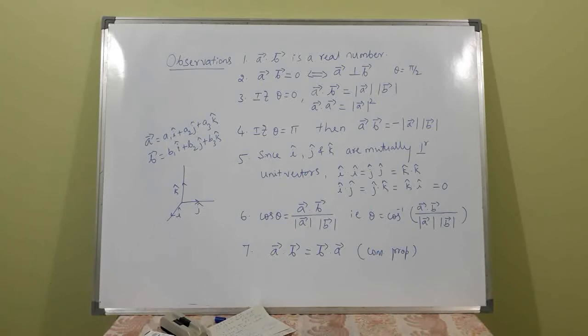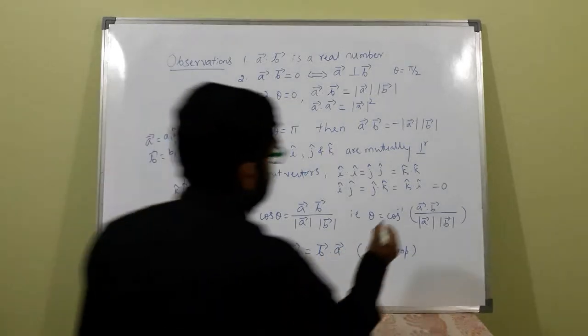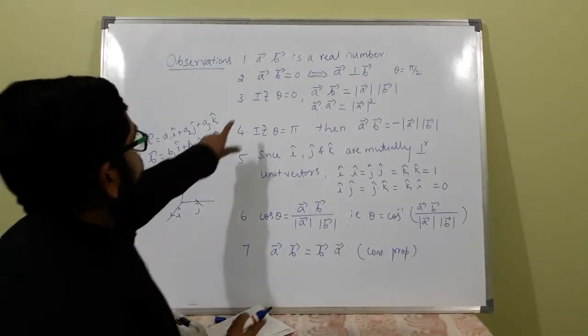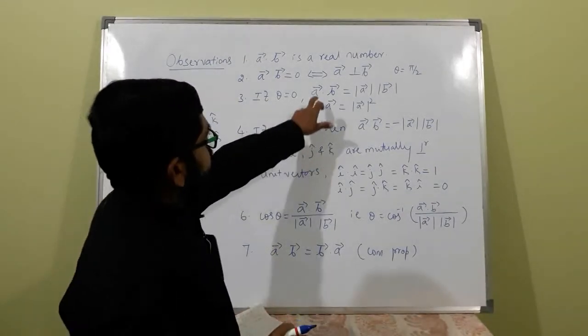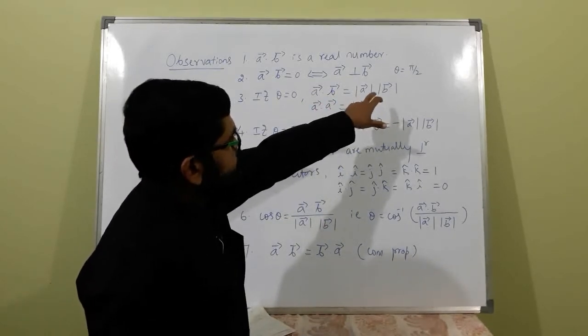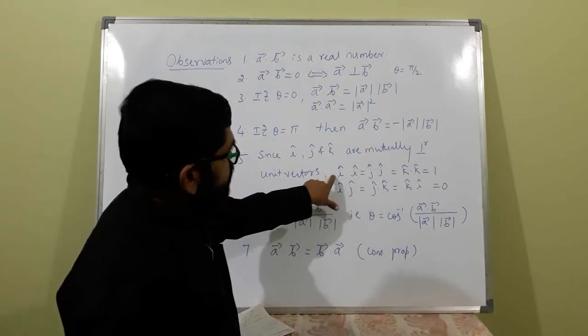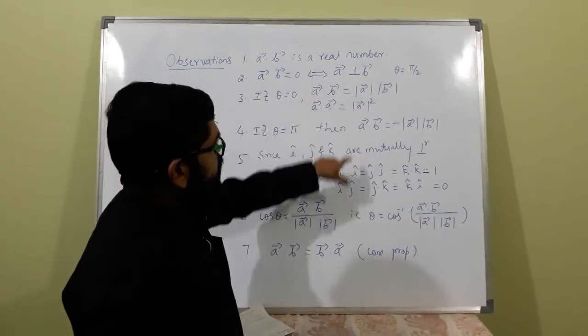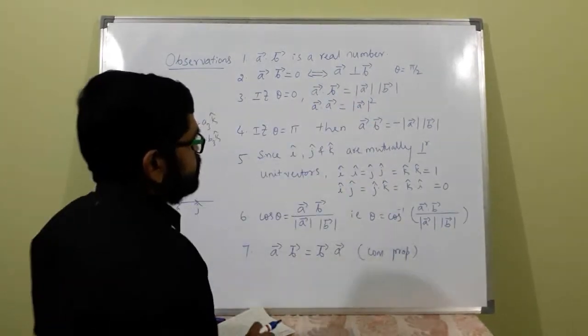Then what is I dot I, J dot J, K dot K? That is 1, because A dot B is equal to modulus of A modulus of B, and modulus of I, modulus of J, modulus of K is equal to 1. This is I dot I means that is 1 into 1, 1.